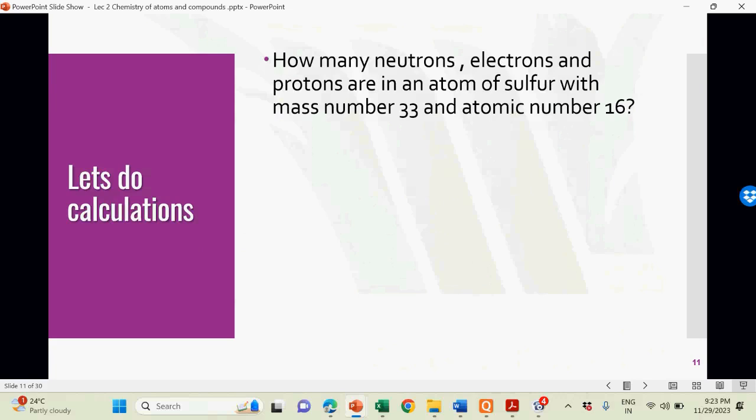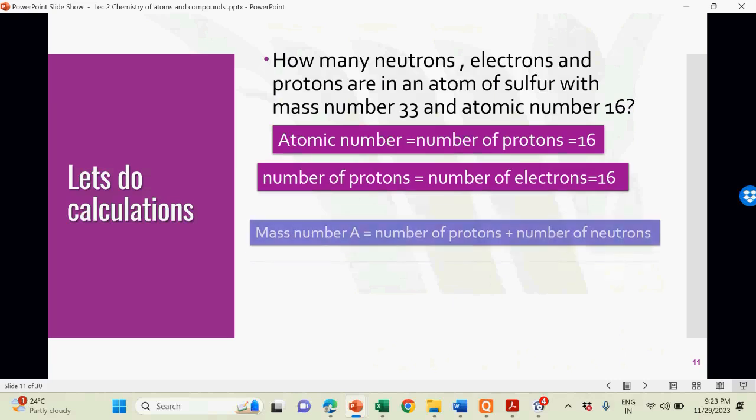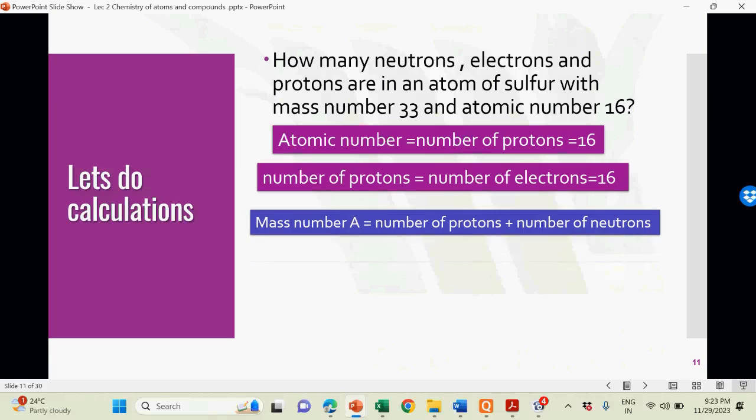Because the mass number equals the sum of the neutrons and the atomic number, and the atomic number is actually the number of protons, okay? The atomic number equals the number of protons, and the number of protons equals the number of electrons, 16. So the mass number equals the number of protons plus the number of neutrons.